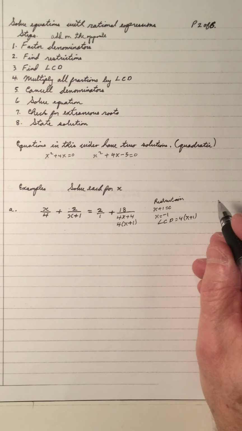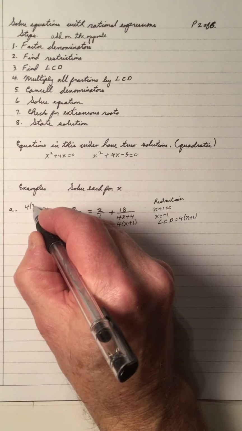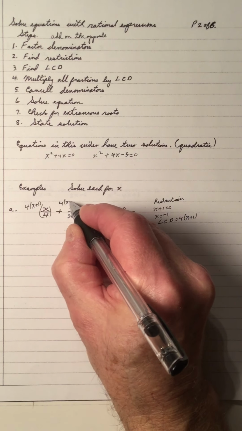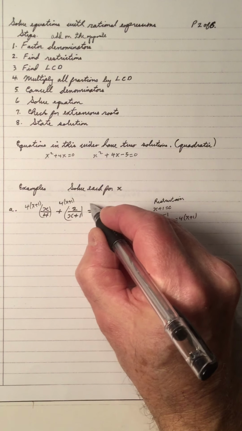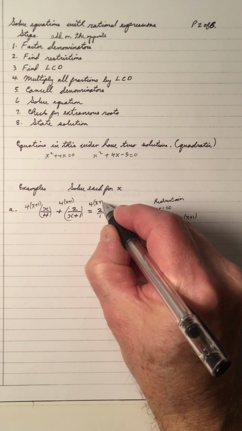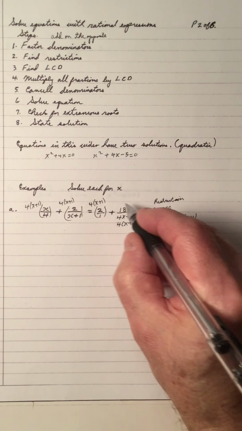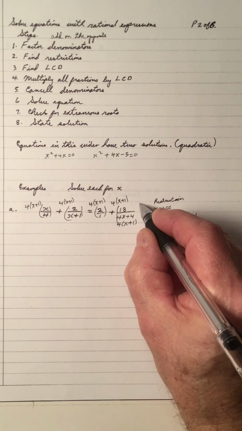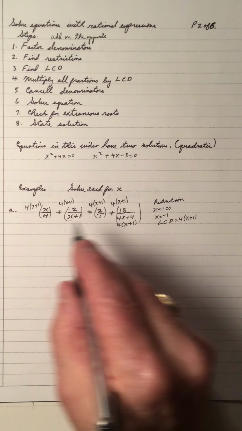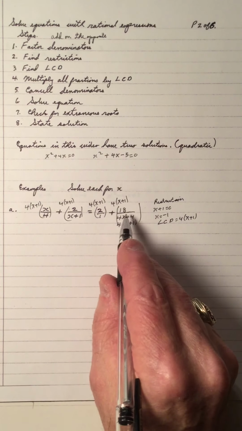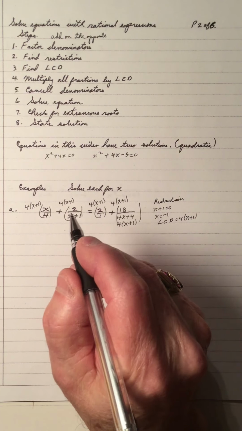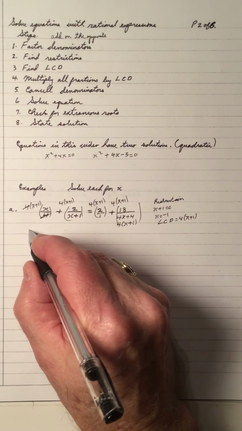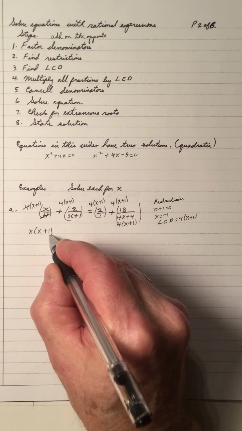So what we do, we multiply each fraction by 4 times x plus 1, including the 2, or 2 over 1. And since we have each fraction multiplied by the LCD, every denominator should cancel if you have it done right. 4 cancels into 4, so we have an x times x plus 1.